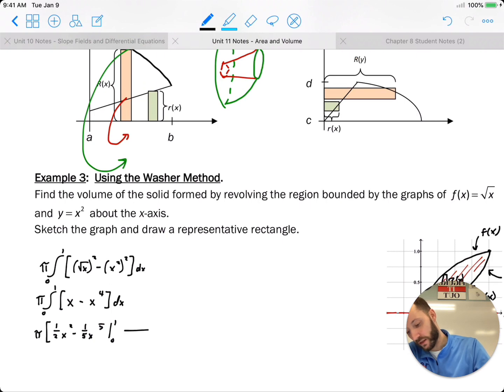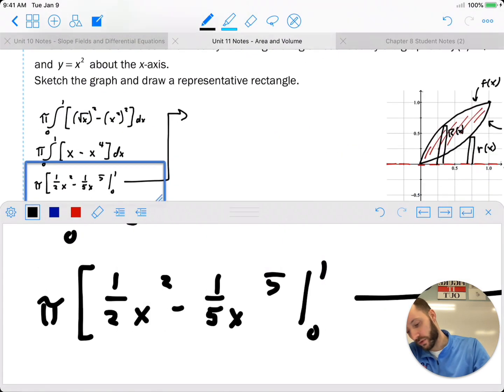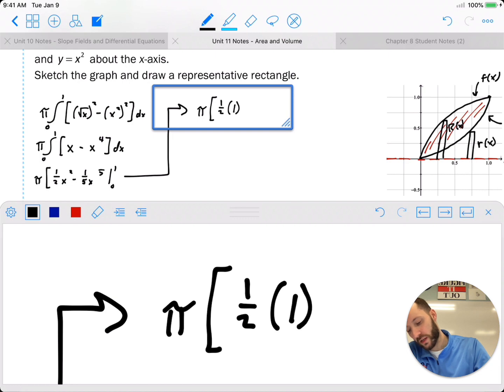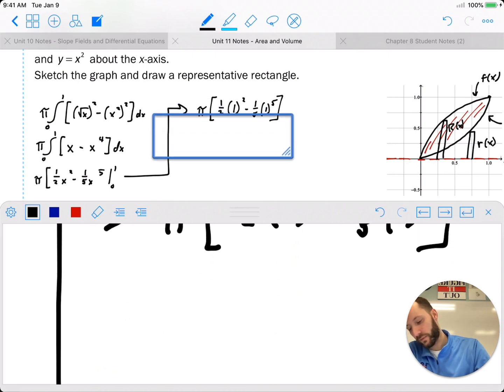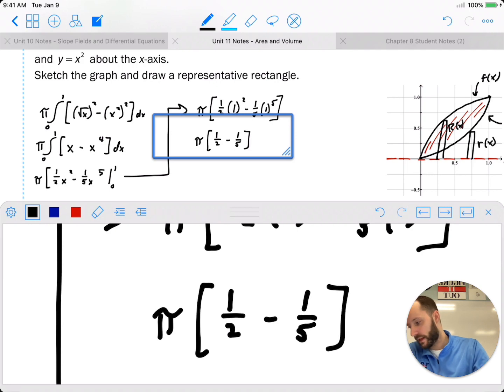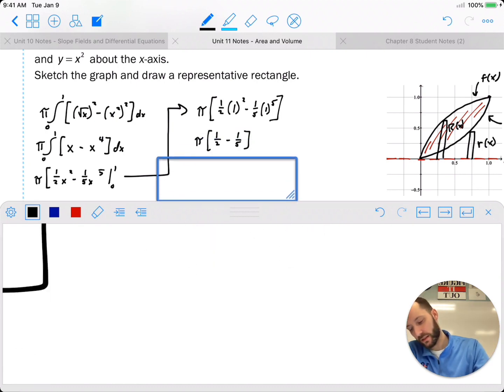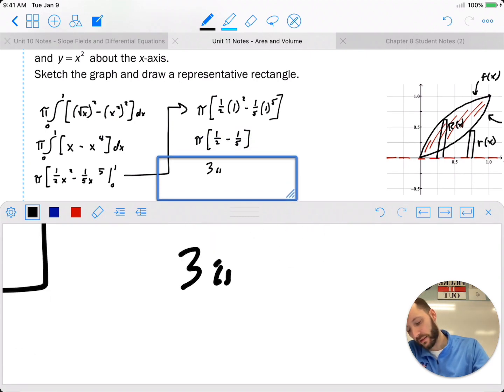So thankfully, one of our bounds is 0, so we don't really have to worry about that one. So just 1/2 times 1 squared minus 1/5 times 1 to the fifth. So that is 1/2 minus 1/5. And that would be 5/10 minus 2/10. So 3 pi over 10.